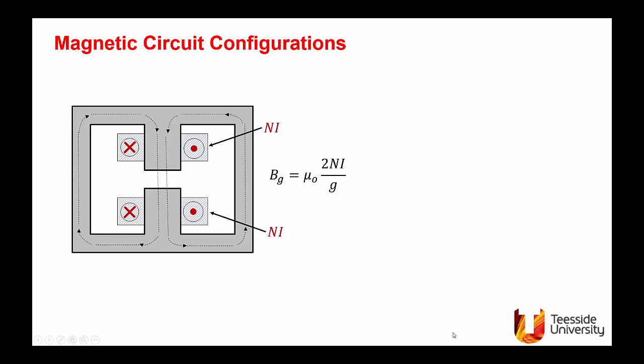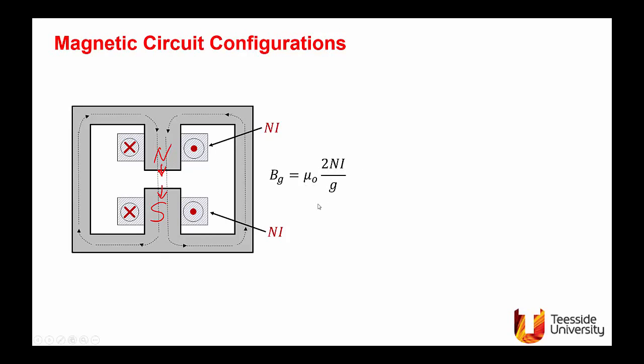So this surface, the flux will be going out. This surface, the flux will be going in. We define a surface that is emitting flux as north pole and the surface that is receiving flux as south pole.